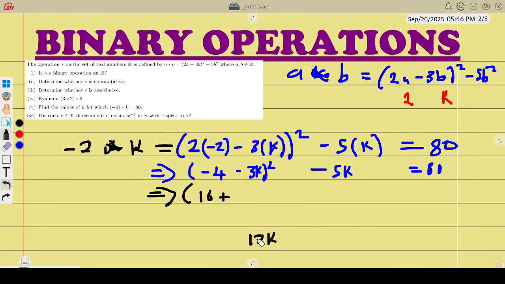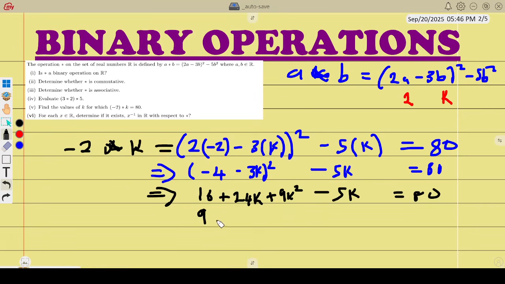Since we have a power 2, we multiply this by 2, so this becomes 24k. And then plus 3k times 3k, which is 9k squared. So here we have opened the brackets, and then we have a minus 5k. All this is equal to 80.